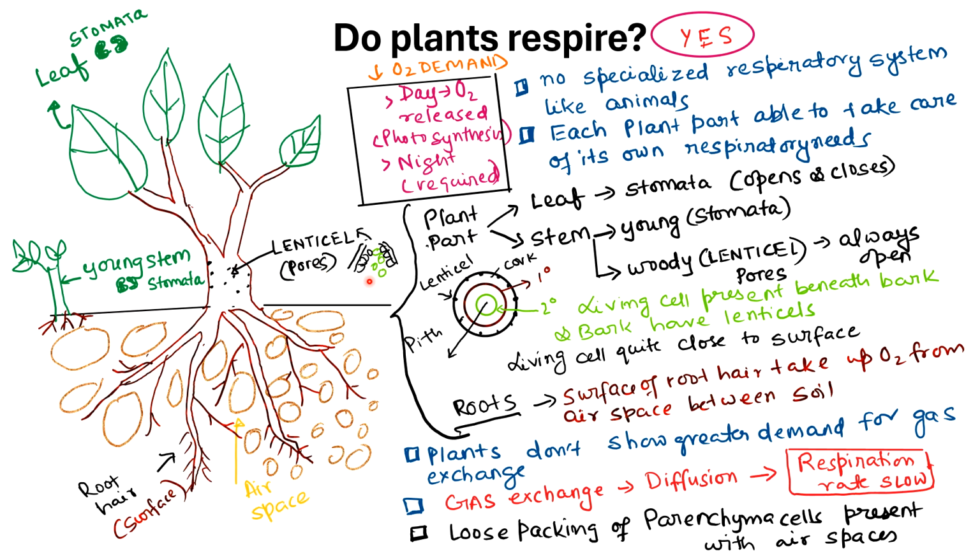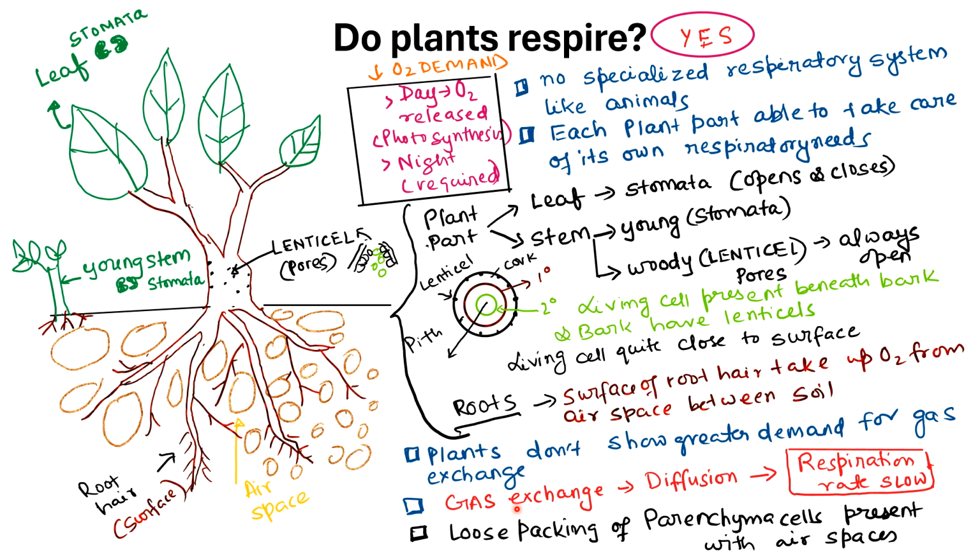Clear? Now, if we see the roots, they have root hairs. These root hairs are in contact with the soil, which has air spaces in it, and the root hairs can take up the air from these air spaces in the soil. So you see, each plant part is able to take care of its respiratory needs.